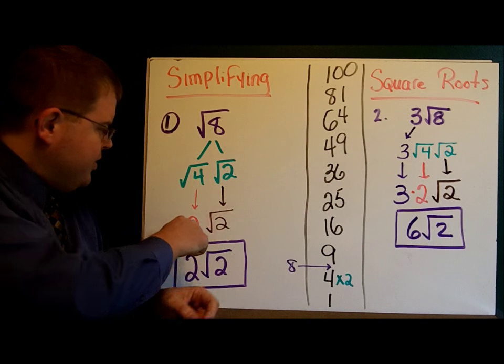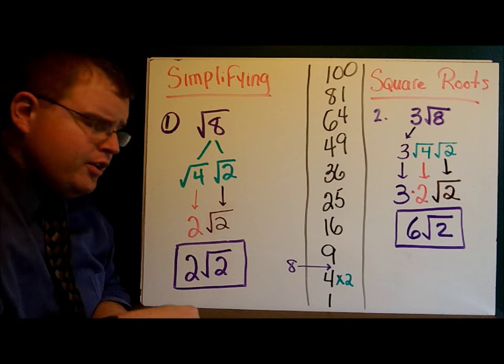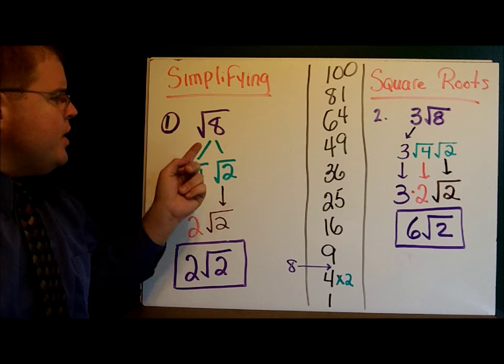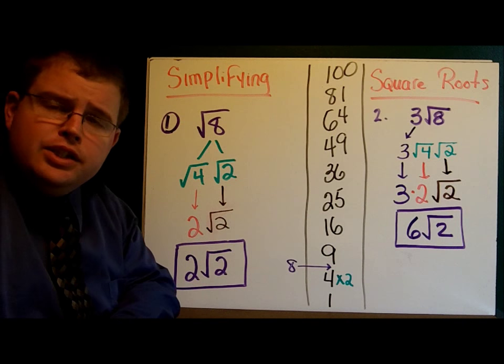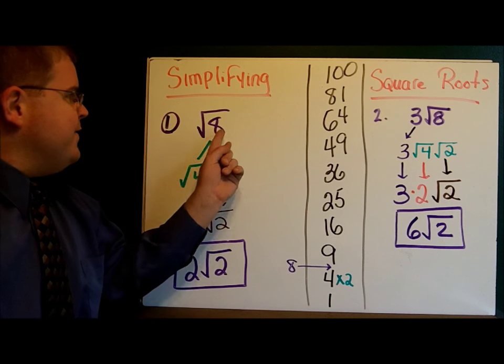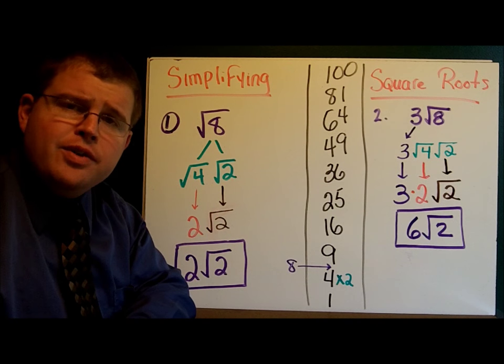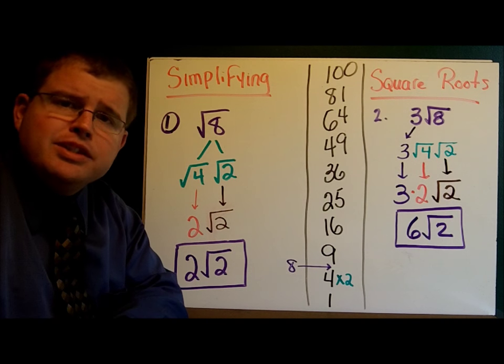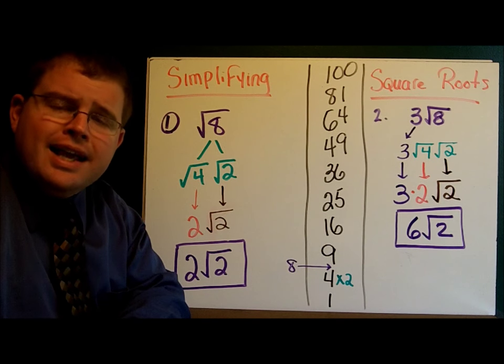So that leaves me with 2 times the square root of 2, or 2 square roots of 2. So the square root of 8 is equal to 2 square roots of 2. You can check that in your calculator. If you type in the square root of 8, it'll give you a decimal, and you type in 2 times the square root of 2, you should get the same decimal in both cases.